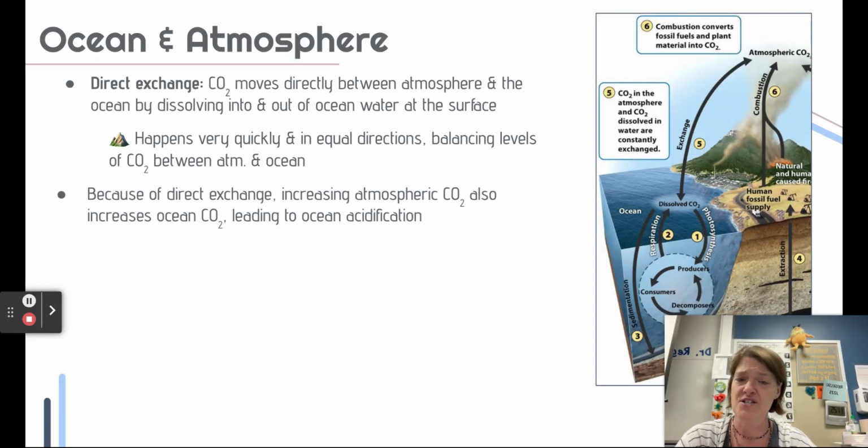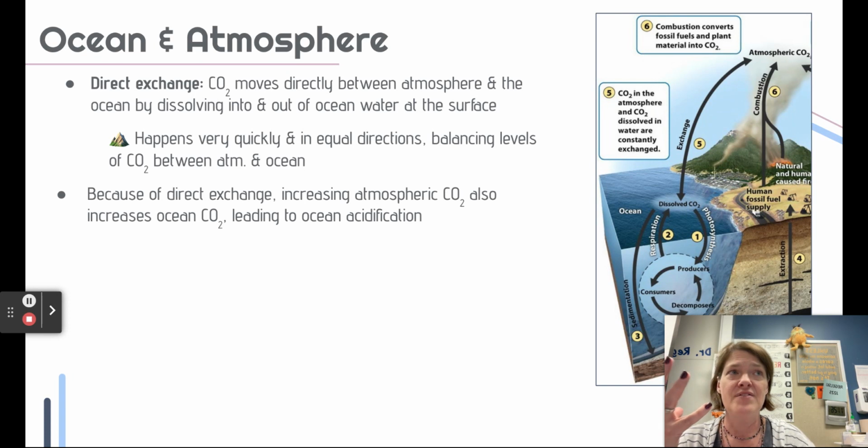Because of this direct exchange, if there's an increase in atmospheric carbon dioxide, there's going to be an increase in oceanic carbon dioxide. And this leads to something called ocean acidification.